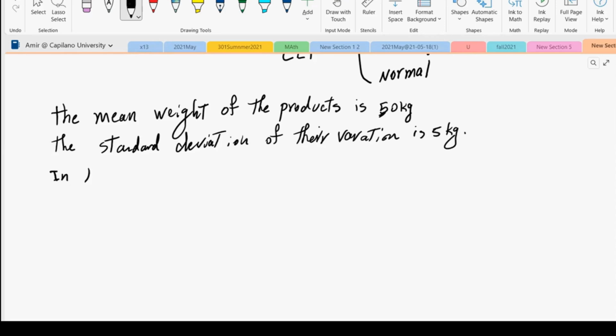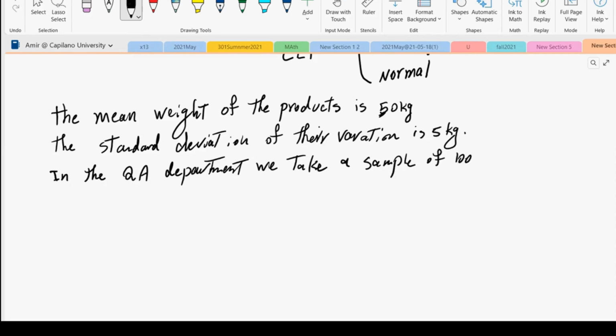In the quality assurance department, we take a sample of 100 products.